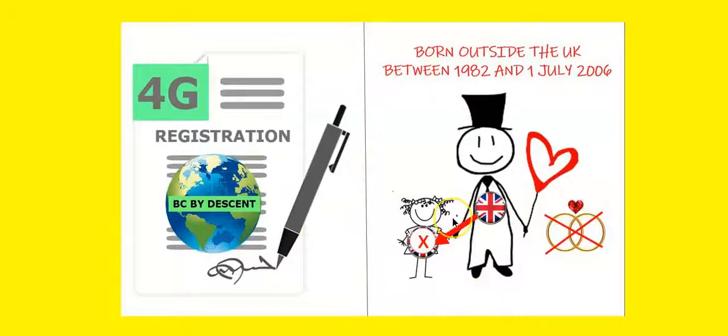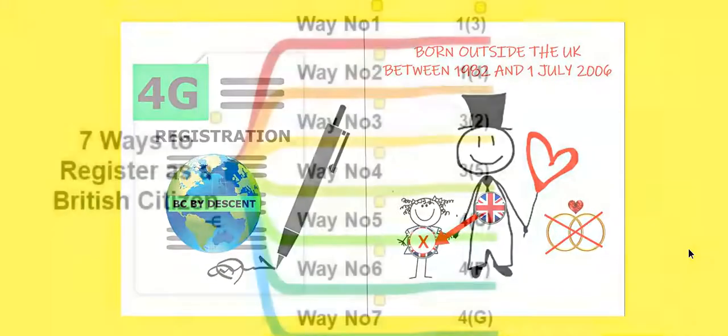So we know from example number 6 that Joseph was born in the UK, and Section 4G applies to those who were born outside the UK before 1st of July 2006, where the father was a British citizen, mom was not, and they were not married.